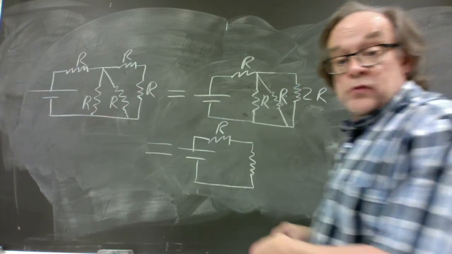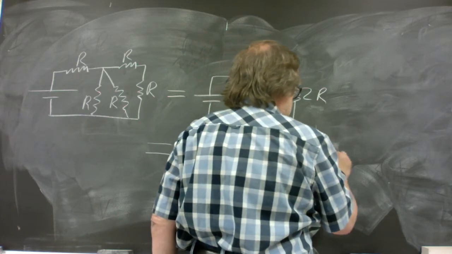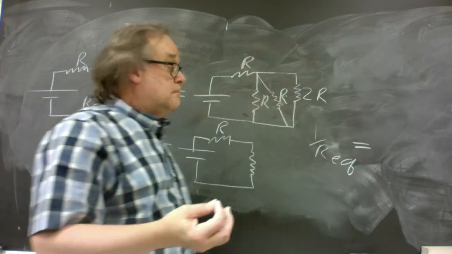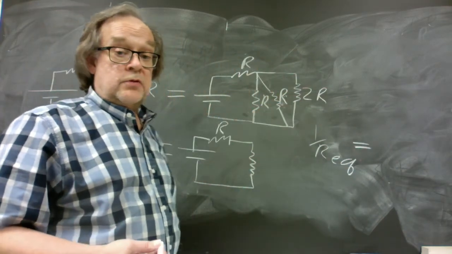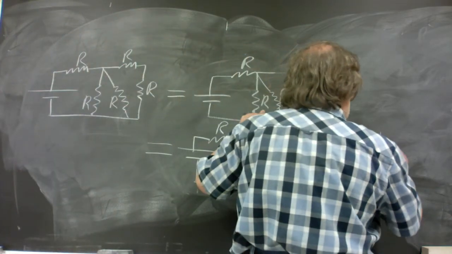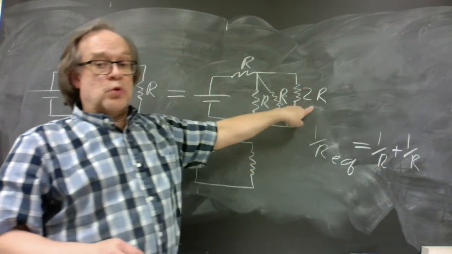By using the equivalent resistance principle, 1 over this equivalent resistance is just the sum of the inverses of the three. So 1 over R plus 1 over R plus 1 over 2R.